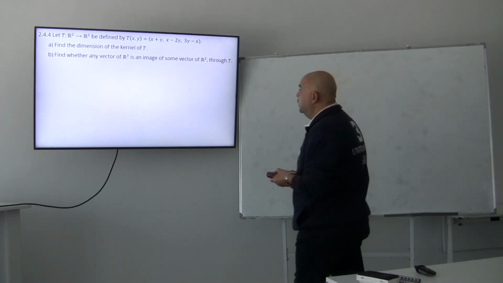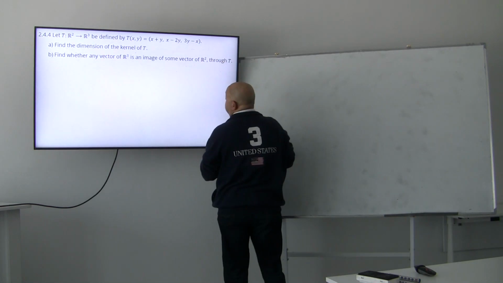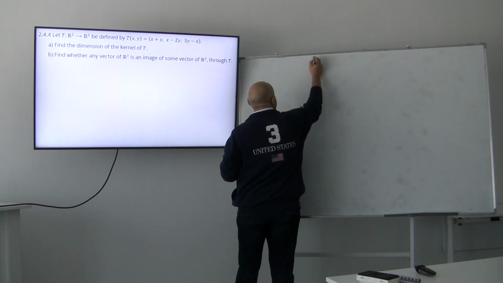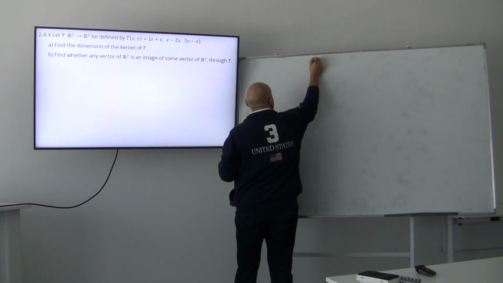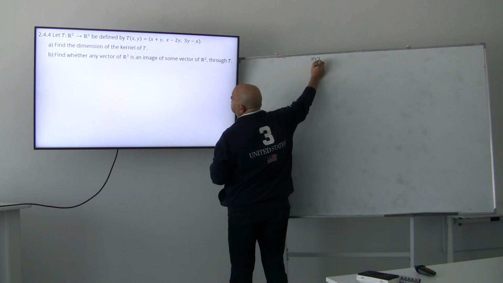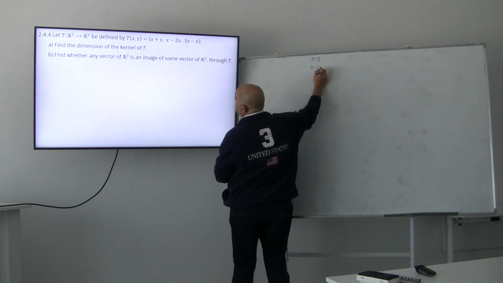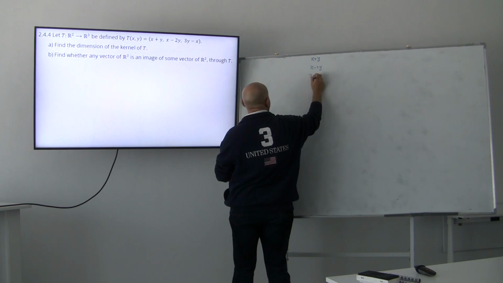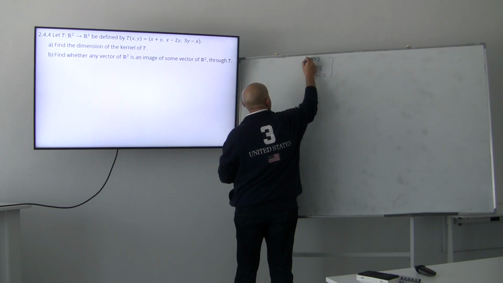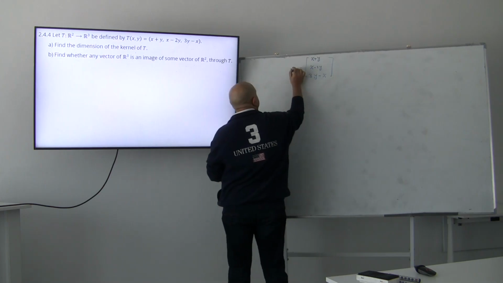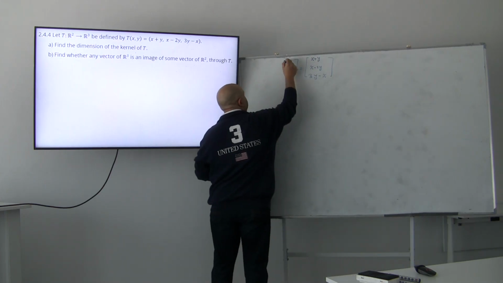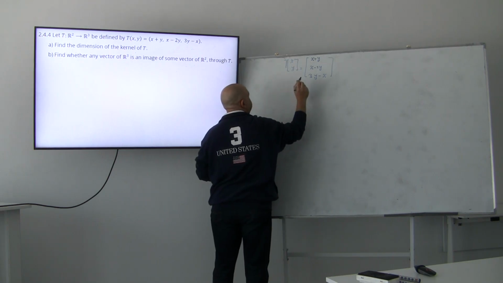This is simply x plus y, and then we have x minus 2y, then 3y minus x, right? Which was given by multiplying x and y by a matrix.